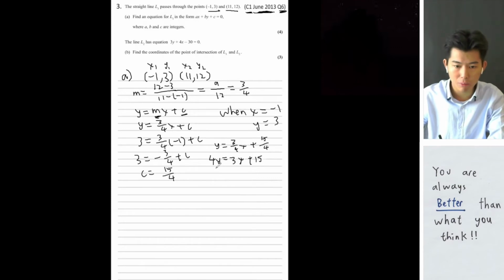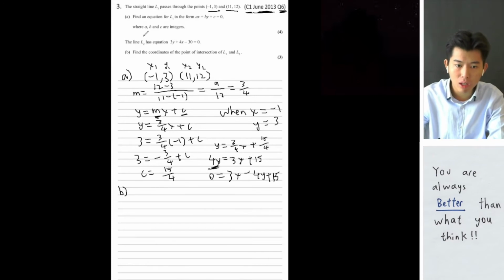If I move this value to the right, it would be 0 equals 3x minus 4y plus 15, which matches ax plus by plus c equals 0. So a would be 3, b would be -4, and c would be 15.